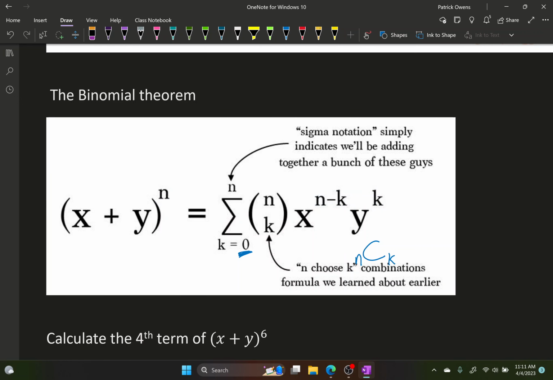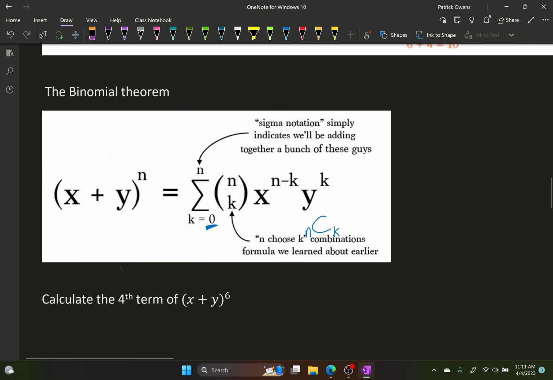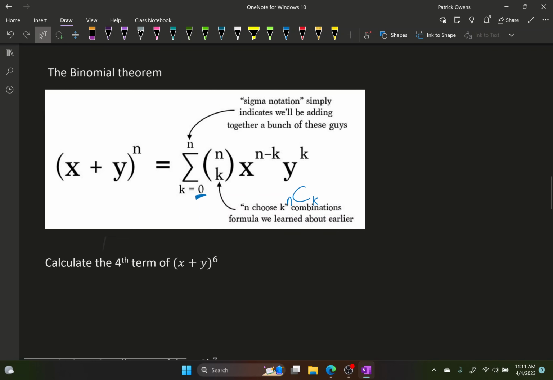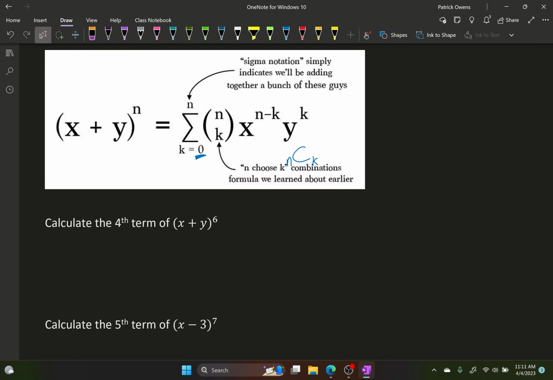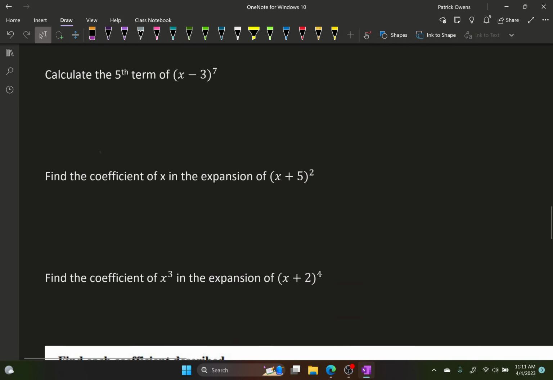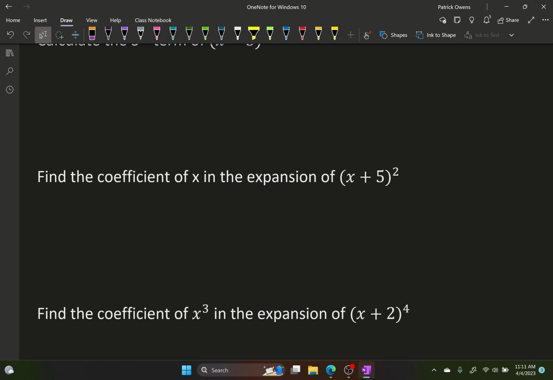Now, how we're going to use this is going to be easier than the formula looks. I understand just looking at this formula, you're seeing, well, what's going on here? Let's see how it works in practice. So say we need to find the coefficient of x in the expansion of x plus 5 squared.